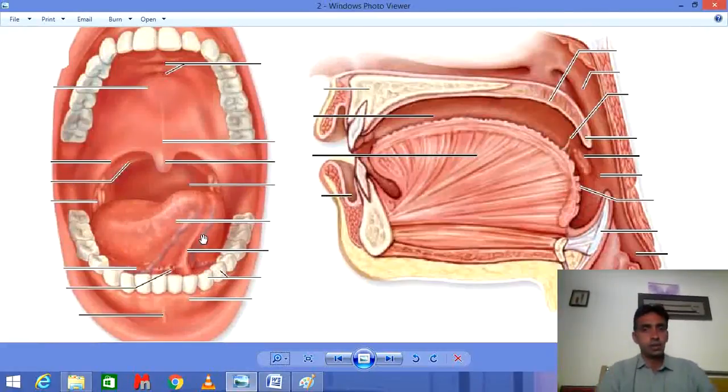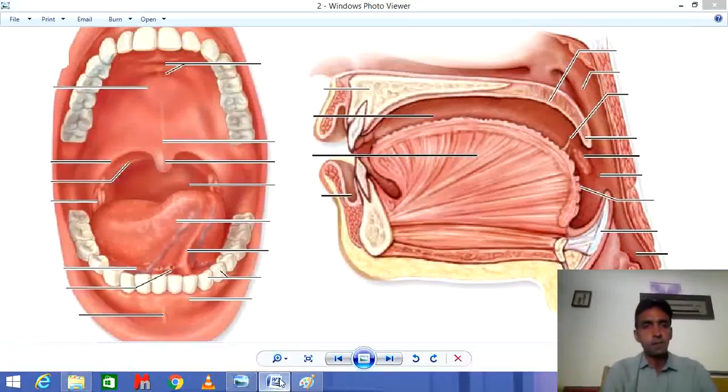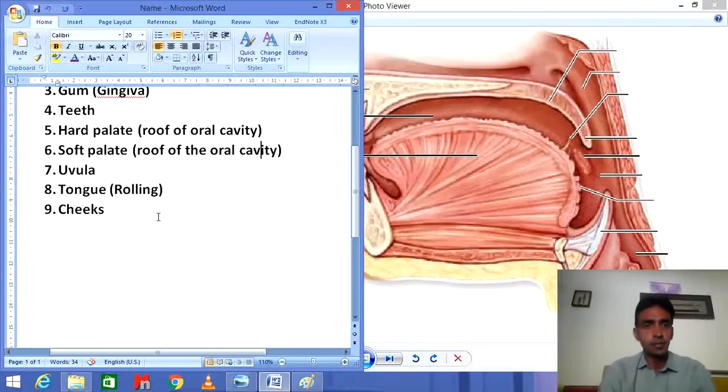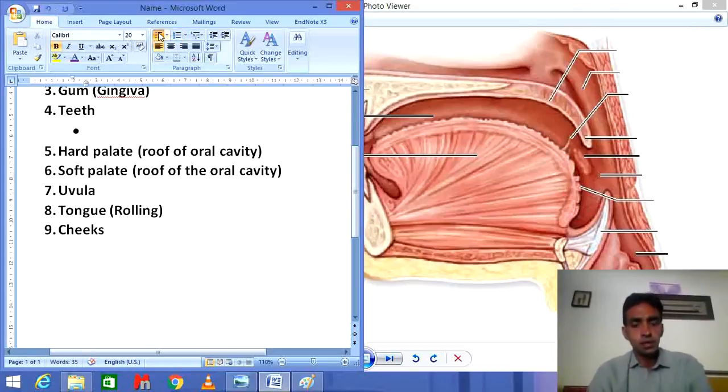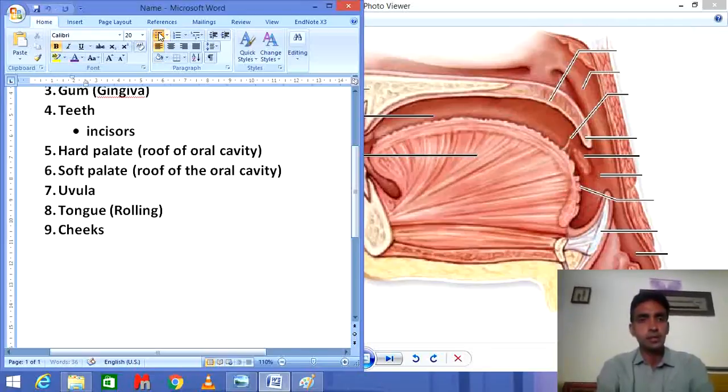Now coming toward the teeth, there are many types of teeth in the oral cavity. First of all, focus on these four teeth, these four and these four teeth. These are called incisors.